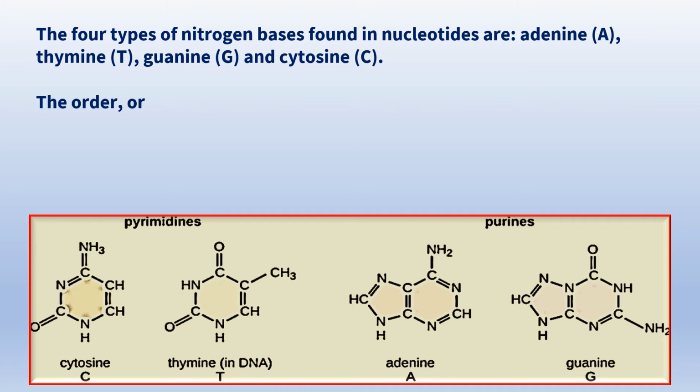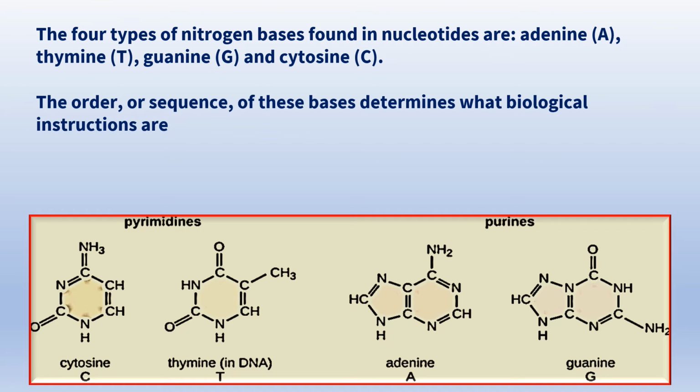Now the order or sequence of how these bases are there in DNA determines what hereditary characteristics are contained in that DNA. So when a new baby is born, according to those sequences of cytosine, thymine, etc., they will have some kind of hereditary characteristics.